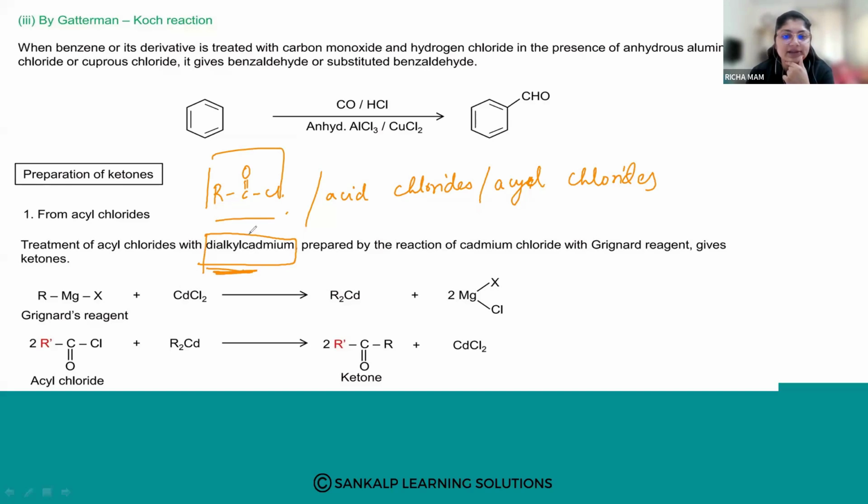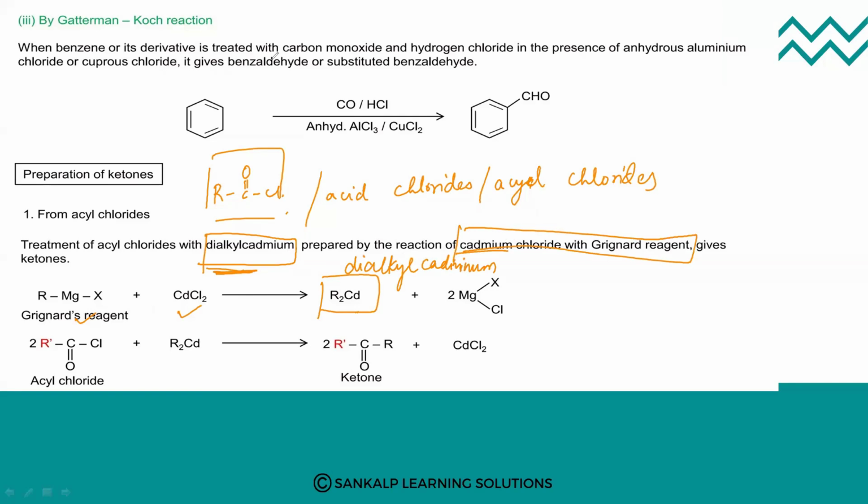By reacting cadmium chloride with Grignard reagent, we are going to get a dialkyl cadmium. So this is our dialkyl cadmium. Dialkyl cadmium is obtained by reacting cadmium chloride with Grignard reagent.